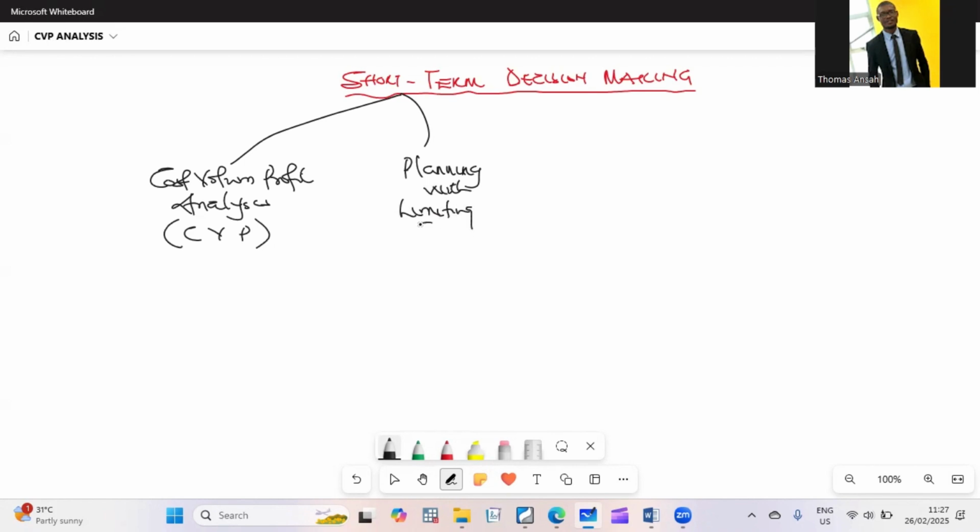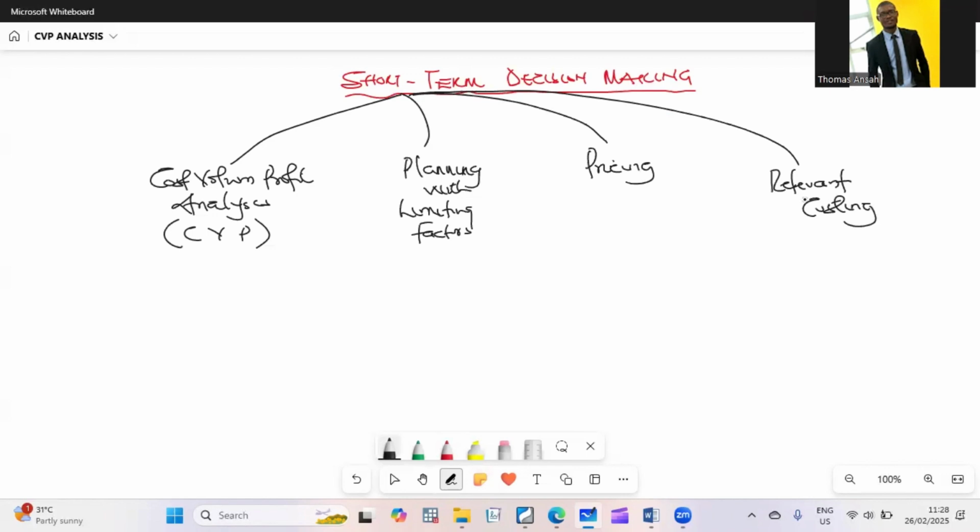Then we have pricing techniques. Then we have relevant cost. All right. So these are the four major areas.